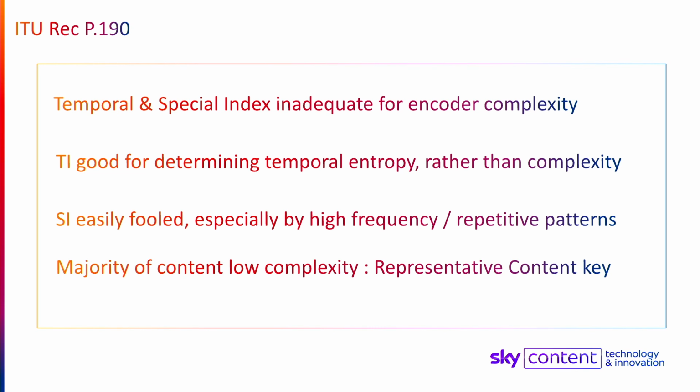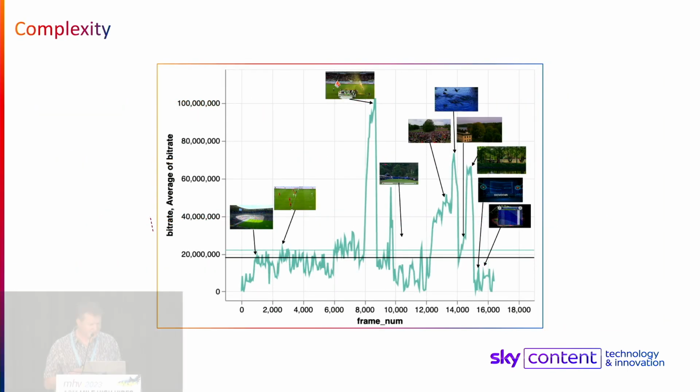Particularly for StatMux systems, where you're robbing Peter to pay Paul, you're looking for the low complexity scenes that you can harvest bit rate from to give to the slightly harder content to encode. So that's a very important consideration.